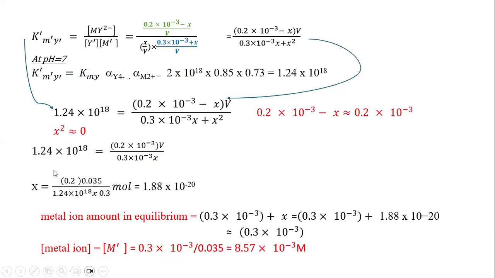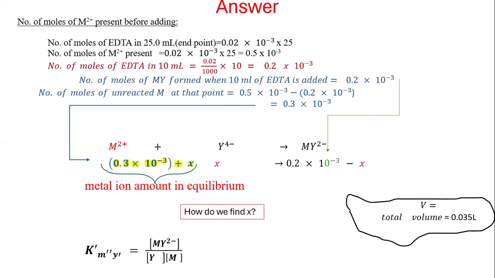The product that is formed with 10 ml, you can calculate it: 0.2, 10 to the power minus 3, into 10.